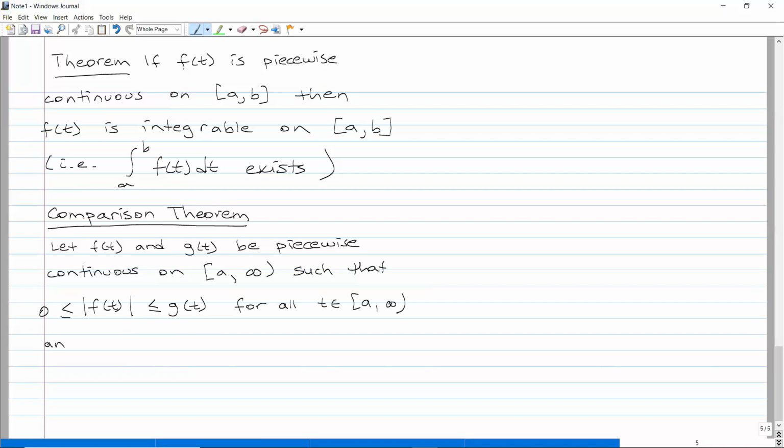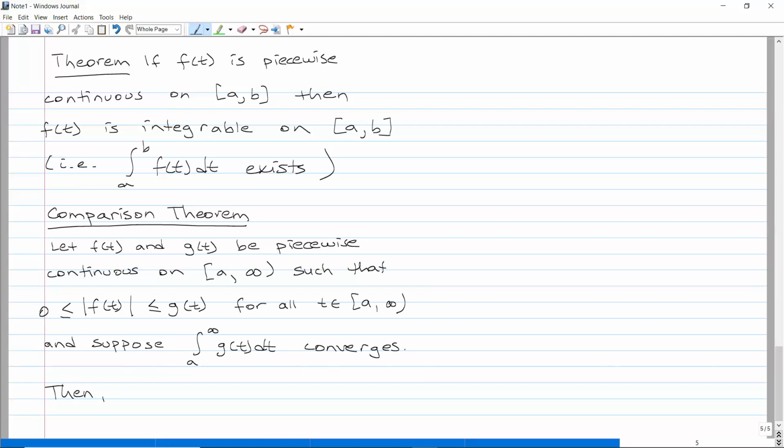And suppose the integral from a to infinity of the function g converges. So we have a function g which dominates the absolute value of the function f, and the improper integral of this dominating function is convergent.